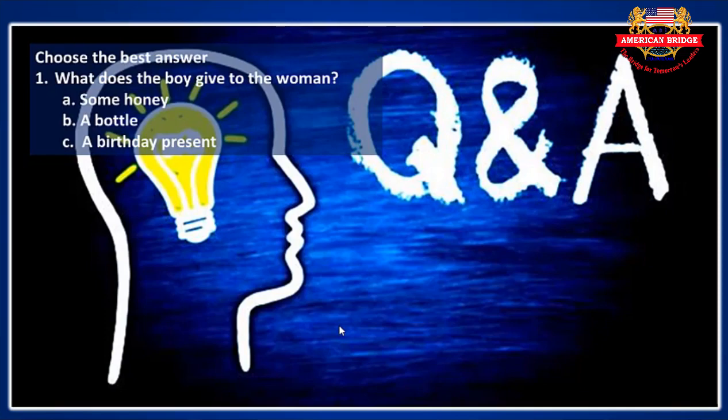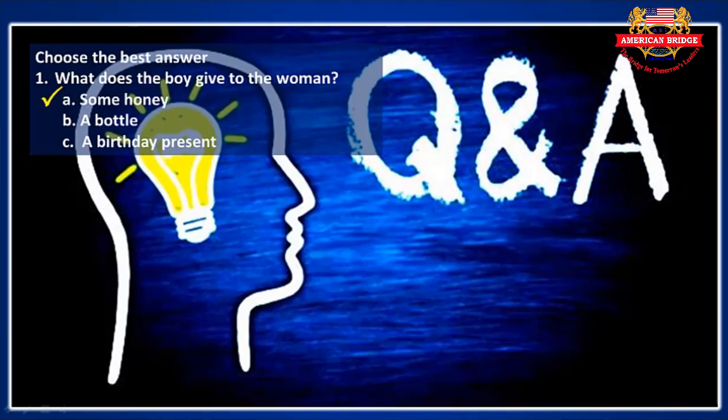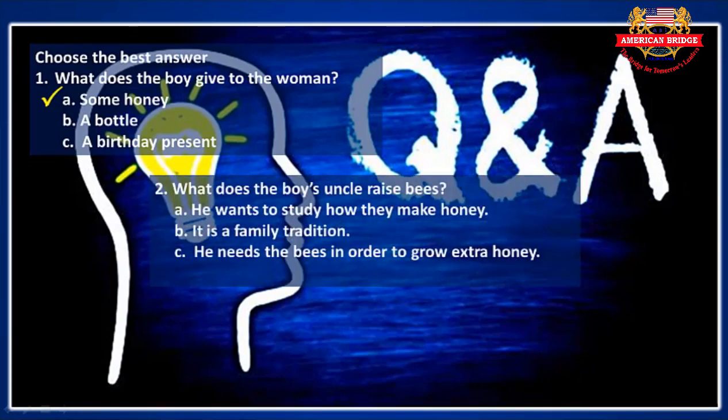So what is the answer, everyone? The answer is, okay, some honey, right? He brought a jar of honey to the woman, and the woman asked a lot of questions.